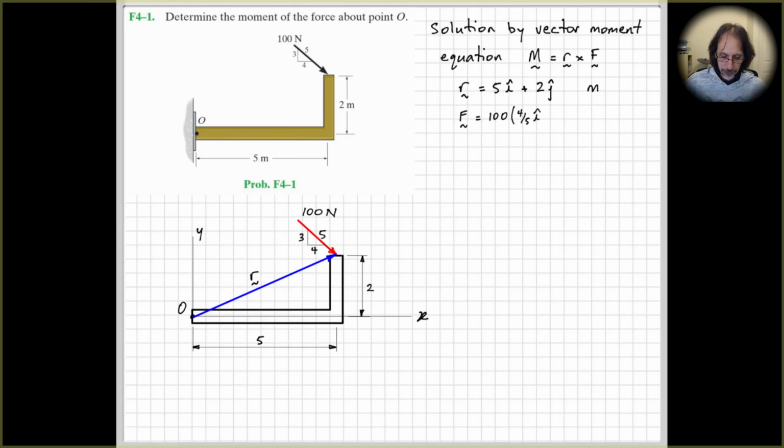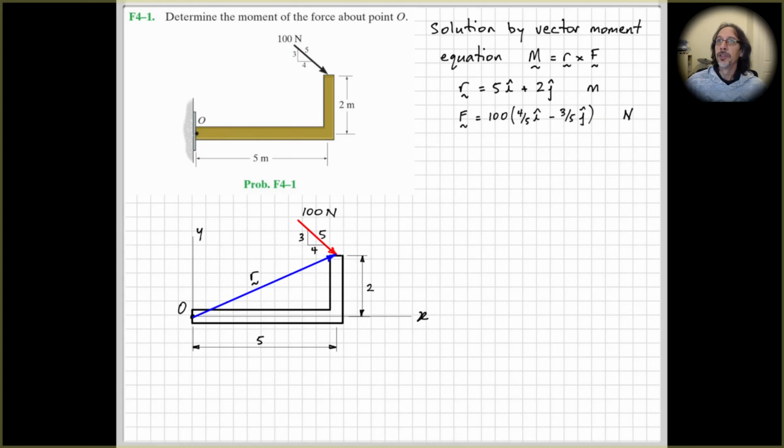Now for our force, the magnitude is 100. In the horizontal direction it's 4/5 times i, just using our ratio of triangles as we did before. And then in the y direction, it's going in the negative y direction, so 3/5 times the unit vector j, with the minus sign out the front.